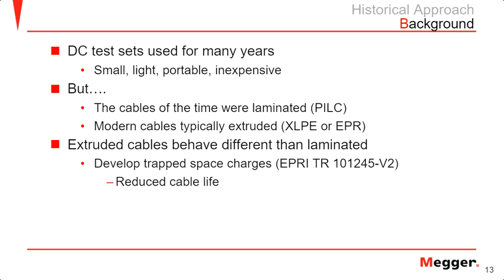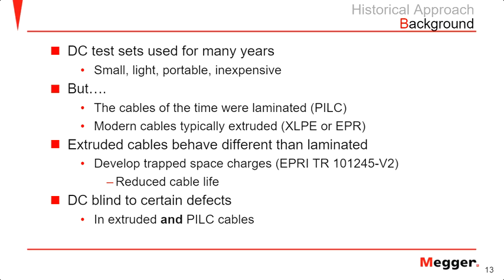And this is also proven by the EPRI study that is referenced here. So I'm not saying things that just came to my mind. This is actually scientific research that was done by the EPRI Institute, and it proves that it can reduce the life of cables because of those trapped space charges.